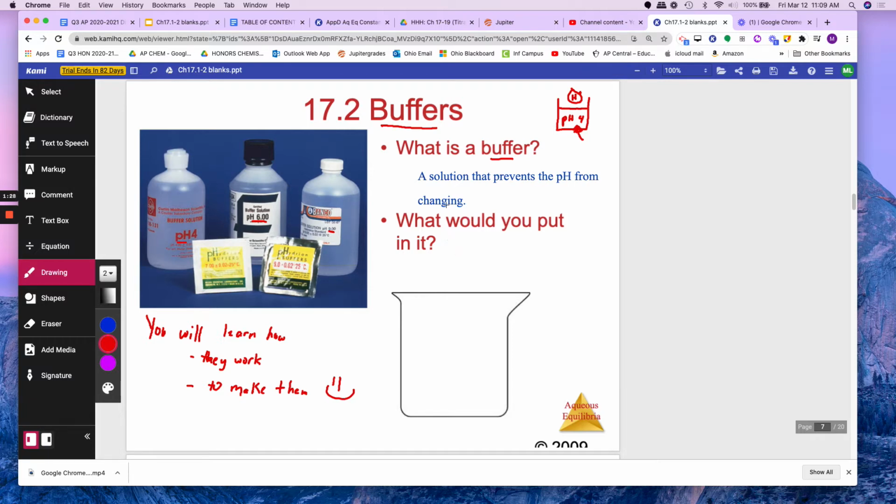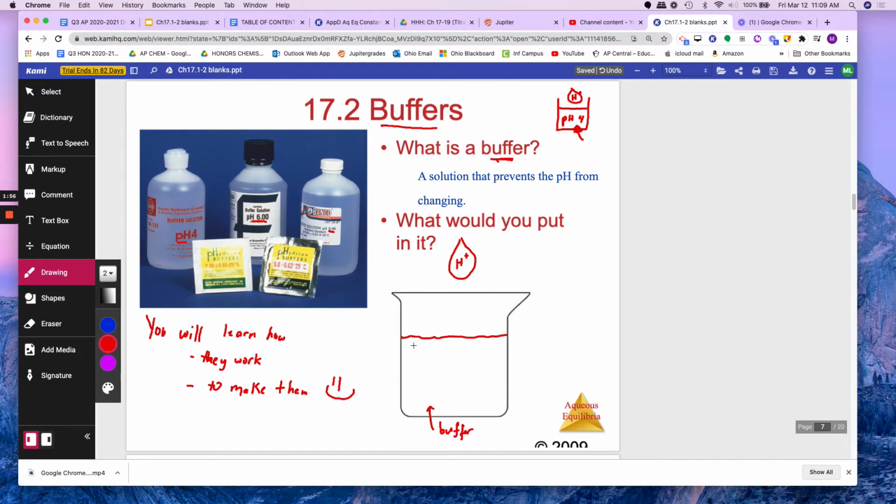So if you wanted to make a buffer, what would you put in it? Remember, when you add H+ to it, the pH cannot change. So what would you put in your buffer so that the H+ will be taken and not change the pH?